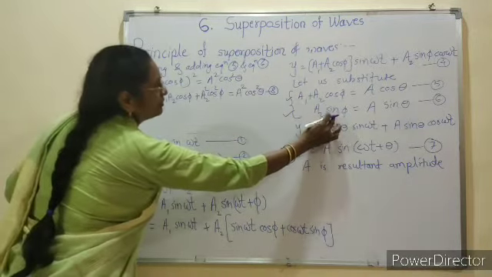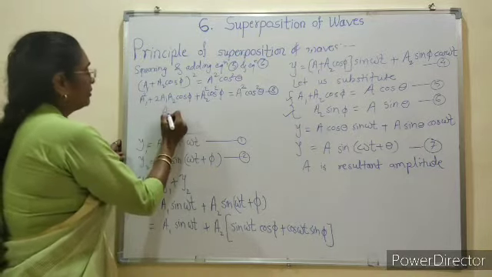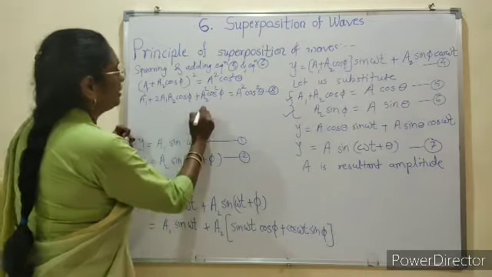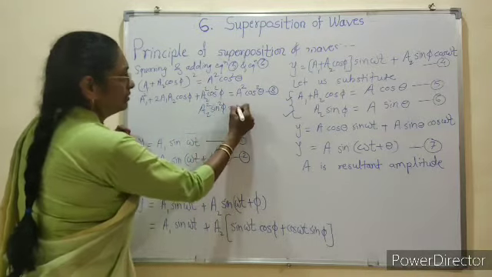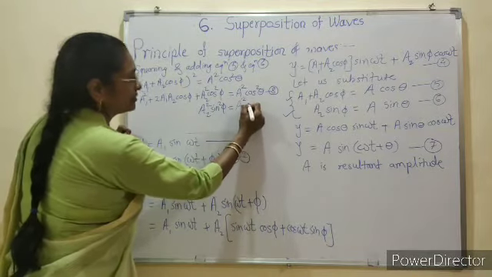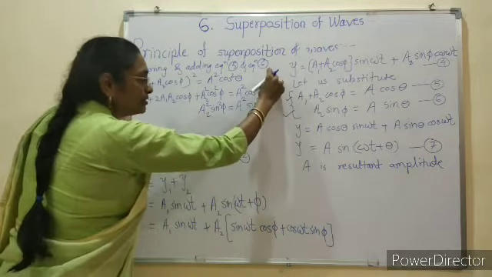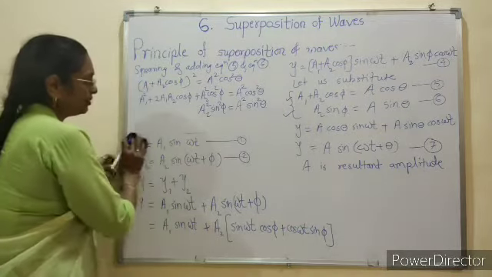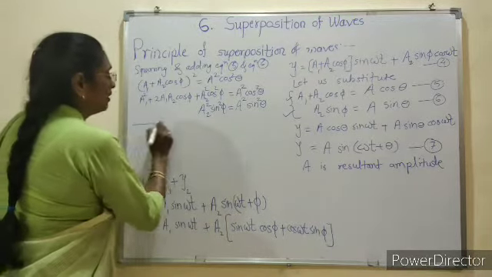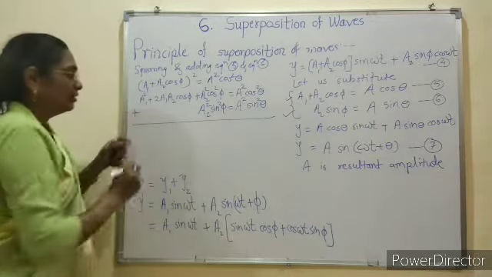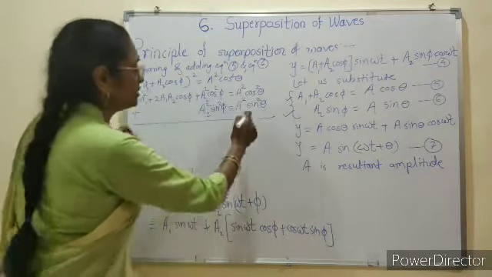Now, squaring equation 6, we get A2 square sin square phi equal to A square sin square theta. Now we add both the equations, LHS as well as RHS.